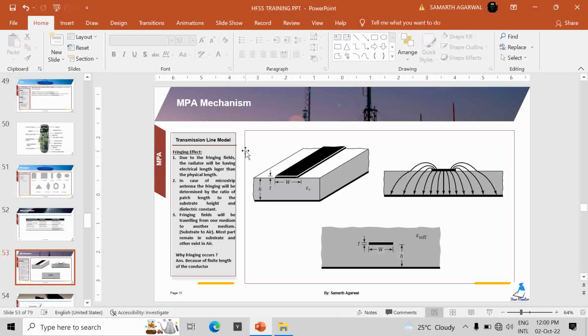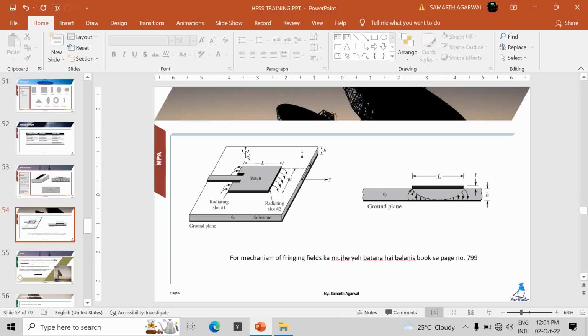That comes in as a part of epsilon effective, so you have to get an effective value of both the epsilons. And suppose we are using an infinite conductor, then fringing will never occur, because the field will be carried along and at the end it will be lost, but the fringing field effect will not occur.